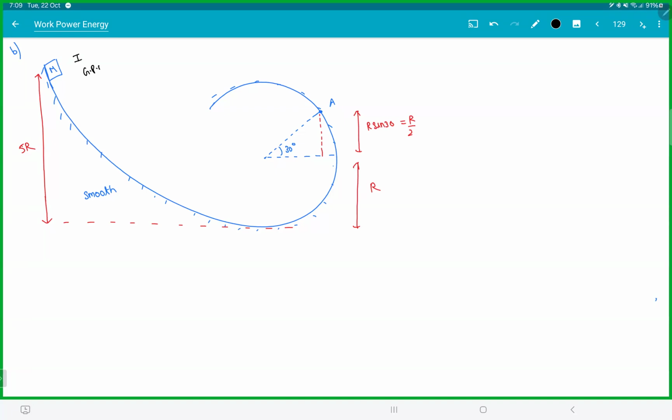Gravitational potential energy, mg 5r. Kinetic energy, 0. You release from rest. This is state 2. So when the block reaches here, it will have some speed v. Gravitational potential energy, mg, height is 3r by 2. Kinetic energy, half mv square.